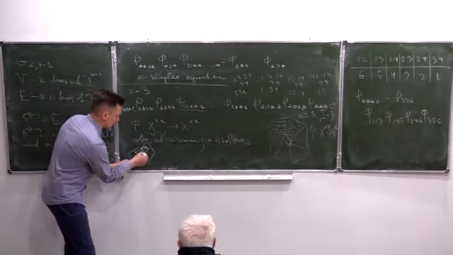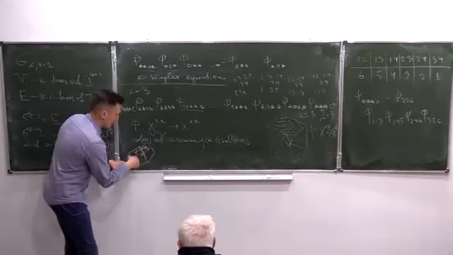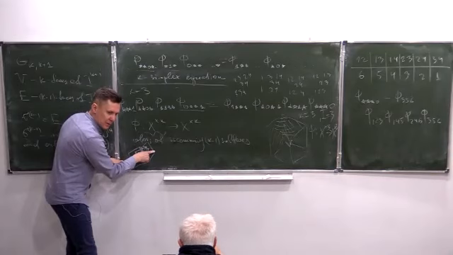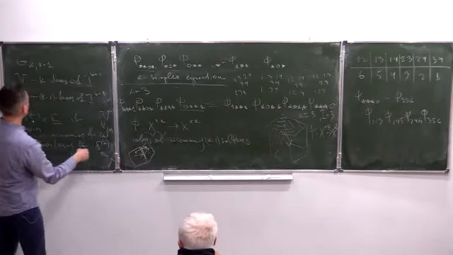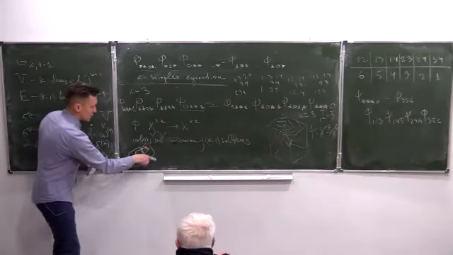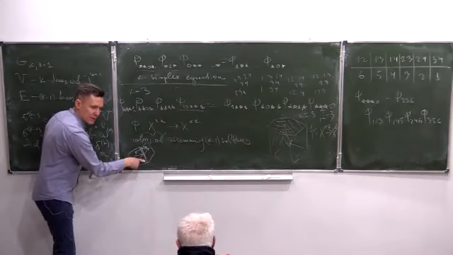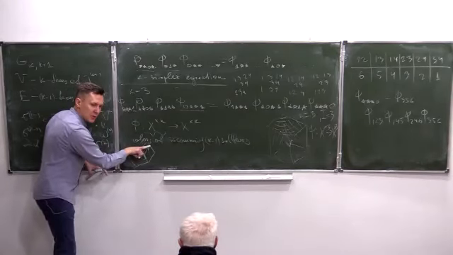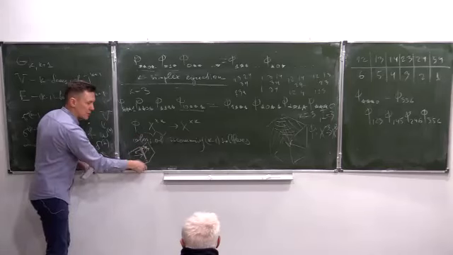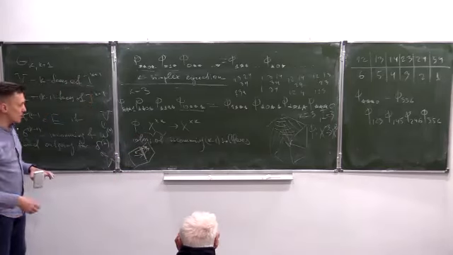You understand this edge is outgoing for this face, incoming for the next one. Then in our graph we have vertices corresponding to these k faces and an oriented edge which is dual in a sense to this k minus 1 face.